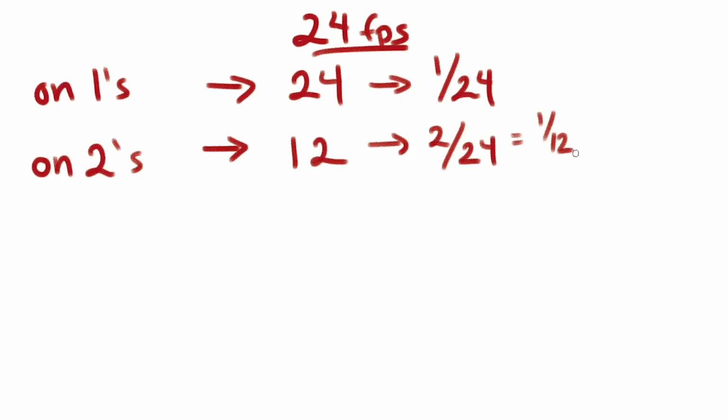And so a little cheat that you can do is if you know that you are going to always animate on 2s for an entire sequence, and you're never going to need to go to 1s, you can, for that particular sequence, set your frame rate to 12 frames per second.